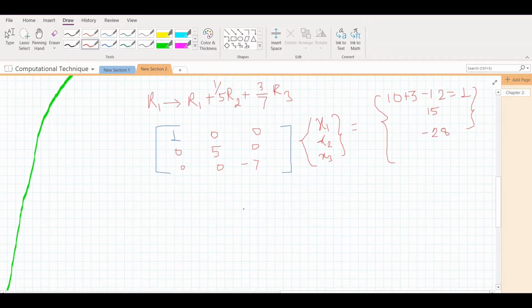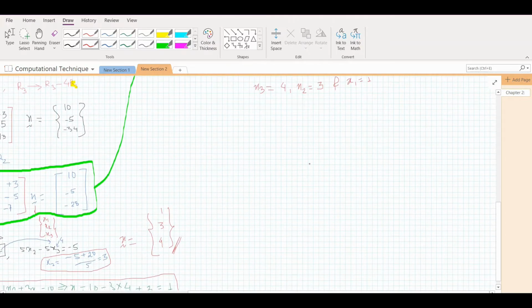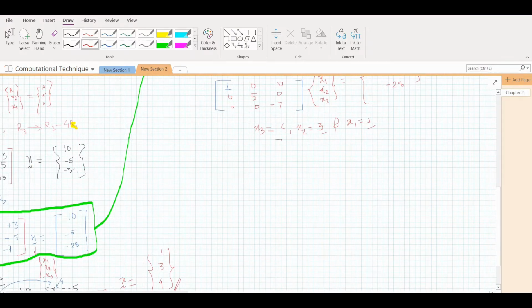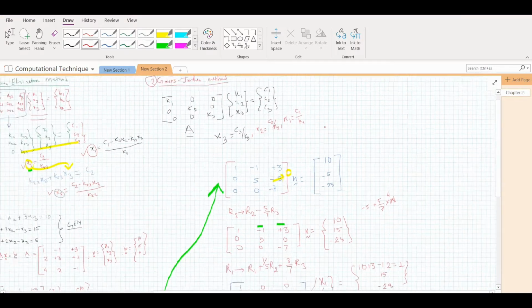So you'll get x3 equals 4, x2 equals 3, and x1 equals 1, which is the solution that we obtained earlier. Here 1, 3, 4. Now this is known as Gauss-Jordan method.